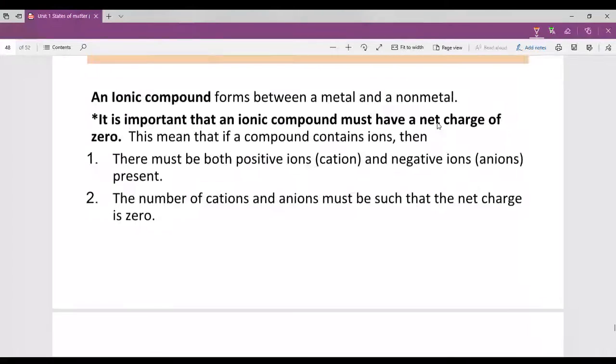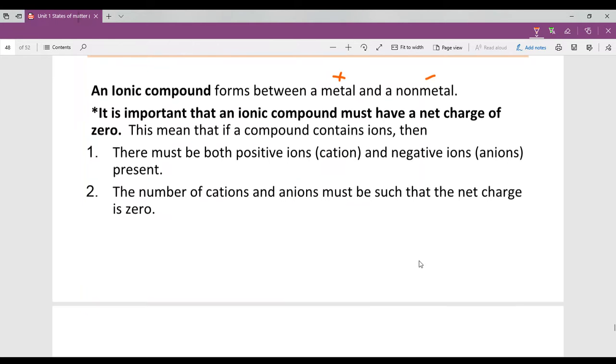Now, metals like to form cations, and non-metals like to gain electrons to form anions. When the ions are put together, you have to make sure that you balance it out in such a way that the net charge of the ionic compound is equal to 0.